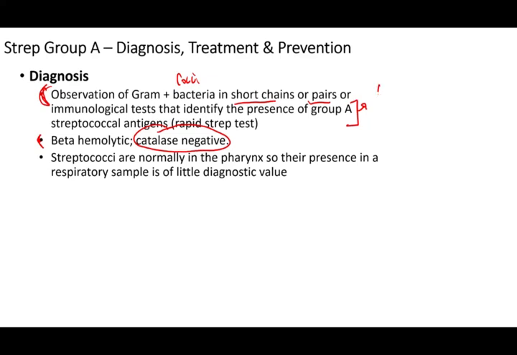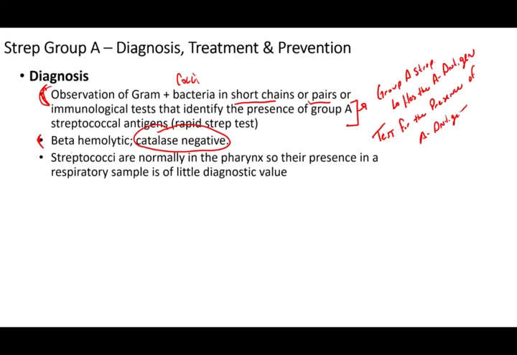So remember what group A strep means. It means it has the A antigen. Basically these tests are called immunological tests. These tests are going to test for the presence of that A antigen.